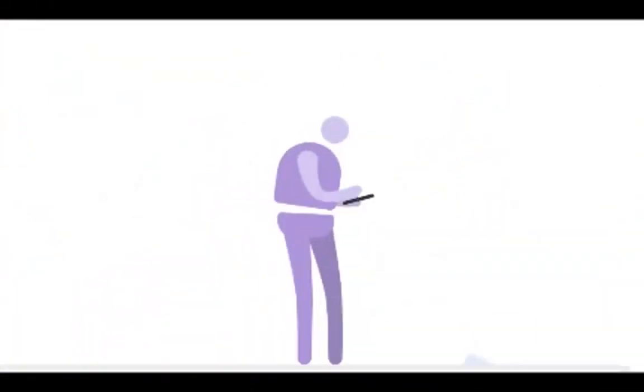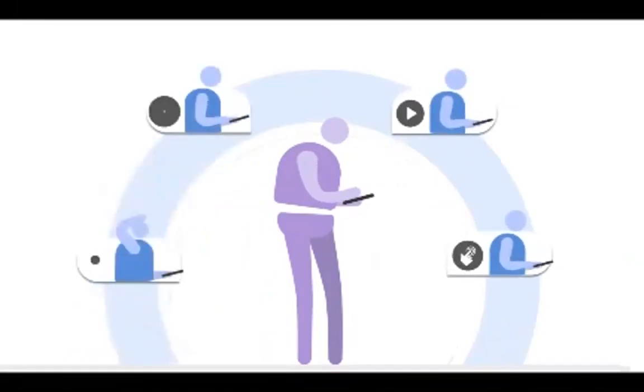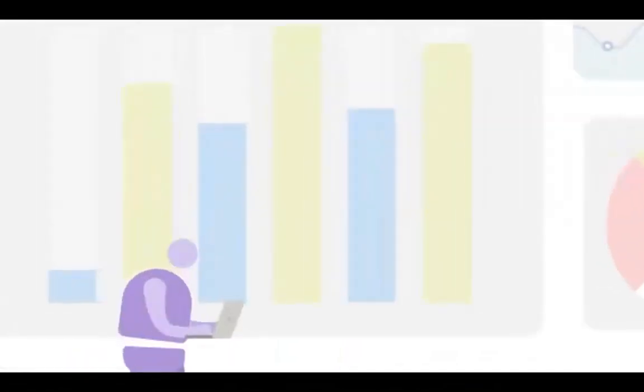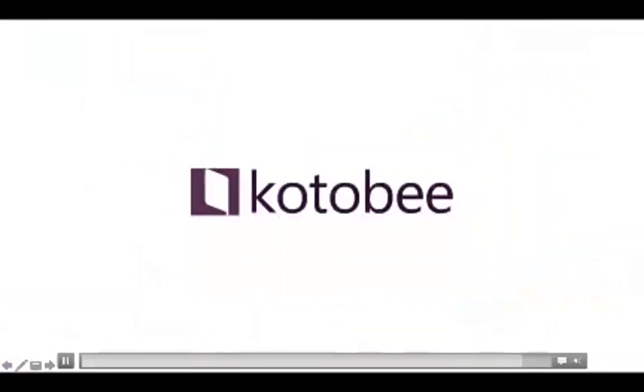Now everyone can access your content. The best part? You decide who can access your content and for how long. You're not in the dark. You're instantly notified of all activity related to your content, in addition to daily insights and analytics. Need to make a change to your content? No problem. Your users are instantly notified. Create a free Kotobi account today.